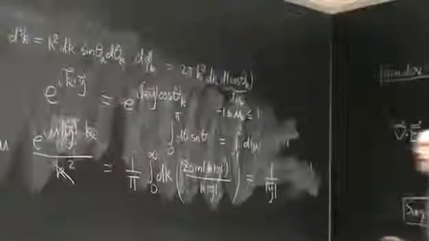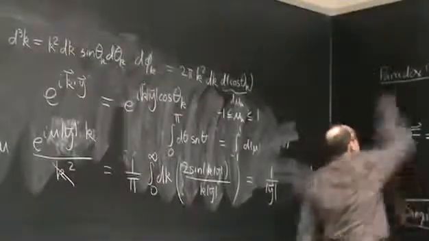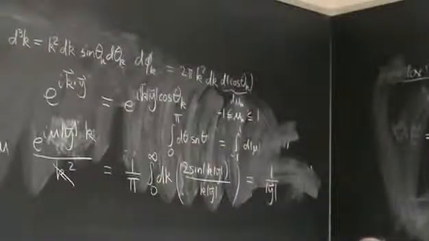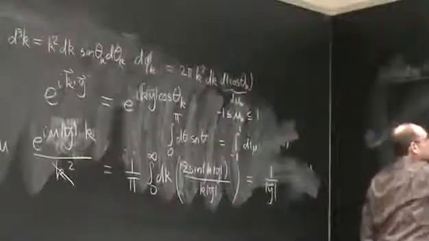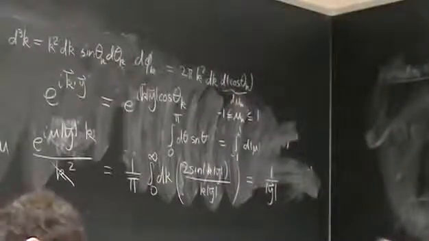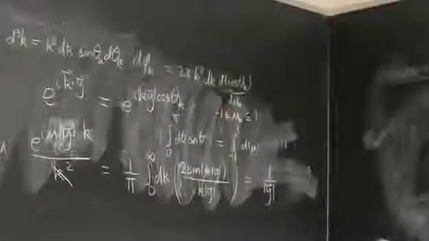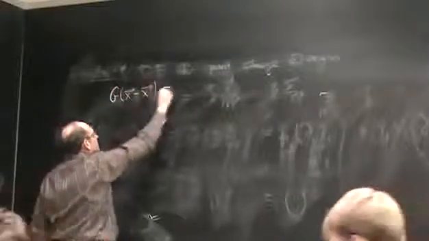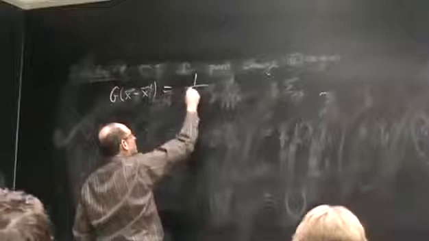So, what have we found? What we found is that the Green's function for the particular solution here, with the boundary condition that the thing goes to 0 at infinity, as a function of its argument is equal to 1 over its argument.